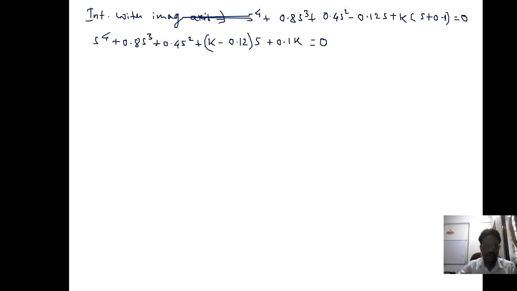Now we have arranged our equation for drawing the Routh array. So s raised to 4, 3, 2, 1 and 0. For s raised to 4, the coefficient is 1, then 0.4, then 0.1 K. We need to arrange this pattern with alternate values: then 0.8, then K minus 0.12, and the last term is 0.